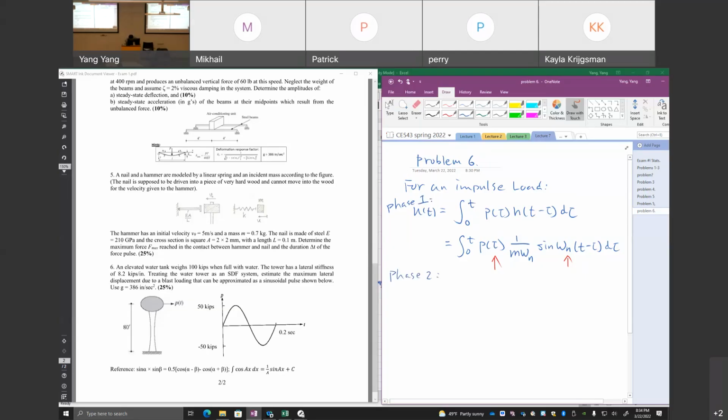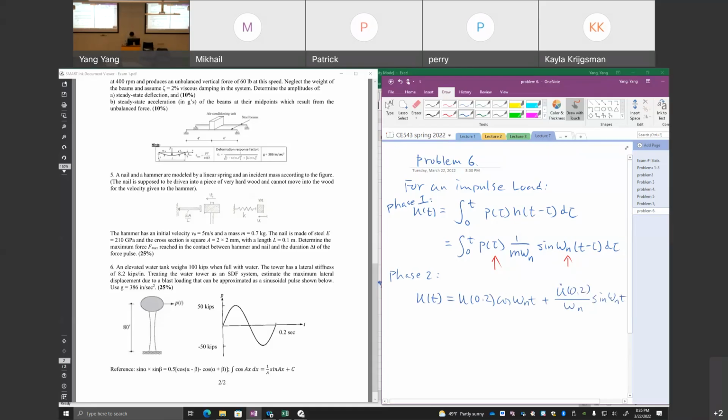In phase two, u(t) is equal to the free vibration response.